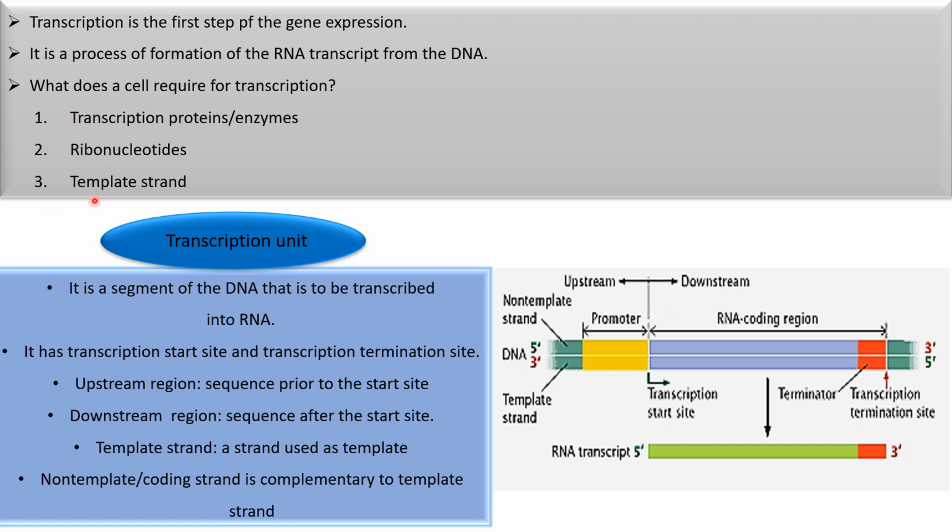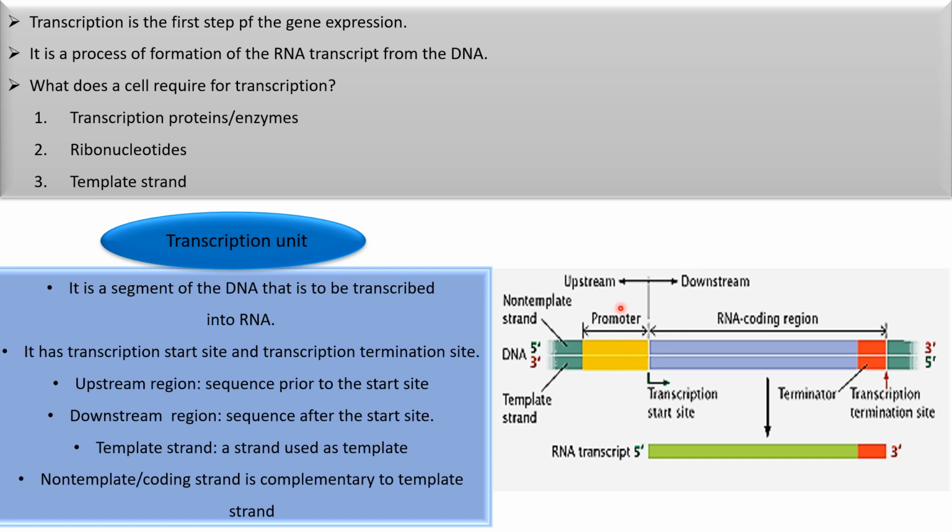As far as the template strand is concerned, in replication the whole DNA molecule is replicated, but it's not like that in case of transcription. Transcription is a selective process in which only a particular segment of the genome is transcribed into RNA, and this part of the genome is known as the transcription unit. So a transcription unit is a segment of DNA that is to be transcribed into RNA.